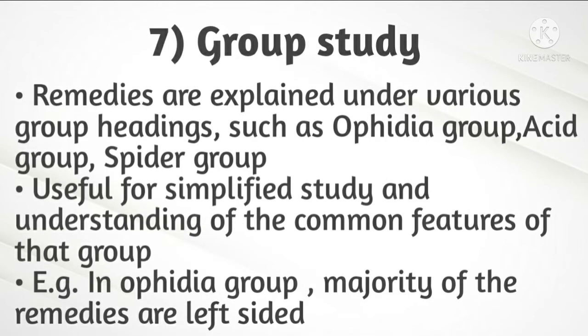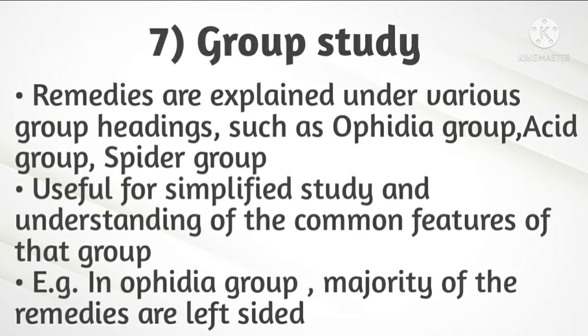Group study. In this type of study, remedies are explained under various group headings such as Ophidia group, acid group, spider group, Calcarea group. In this type of study, the common features of the remedies of that group are explained, which makes it easy to understand. For example, in snake group or Ophidia group, majority of the affections are left-sided.